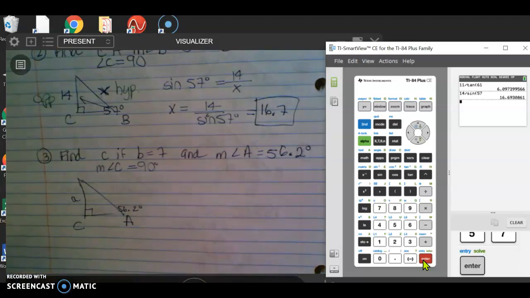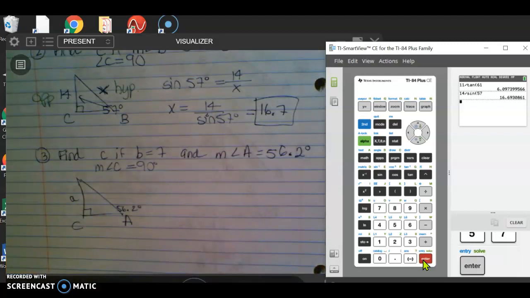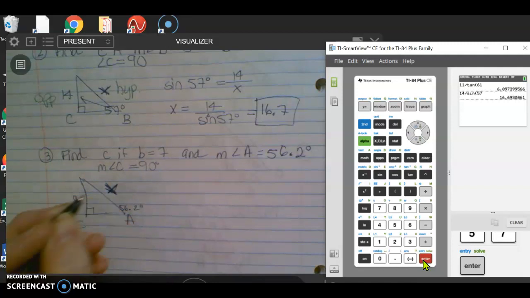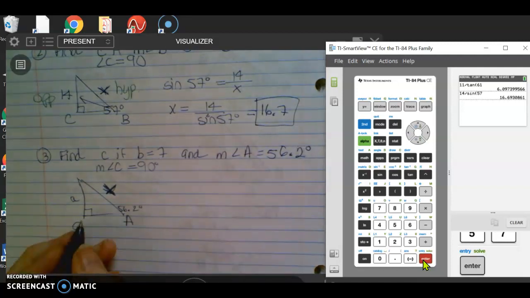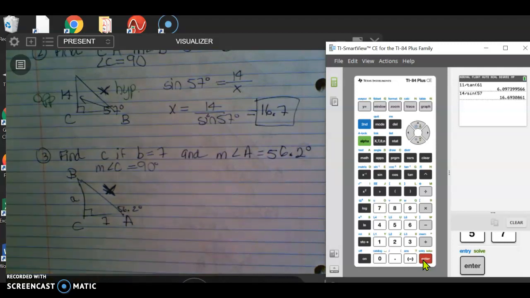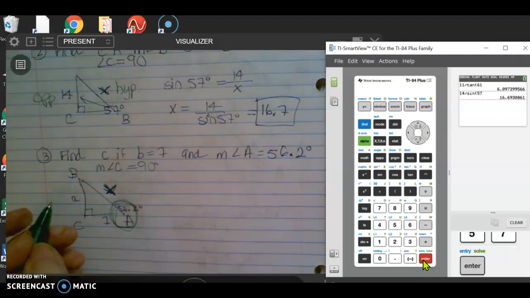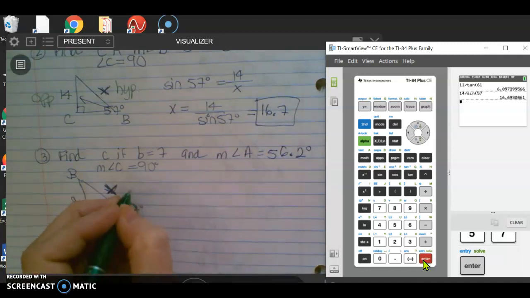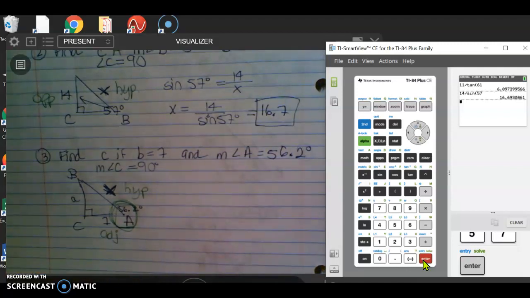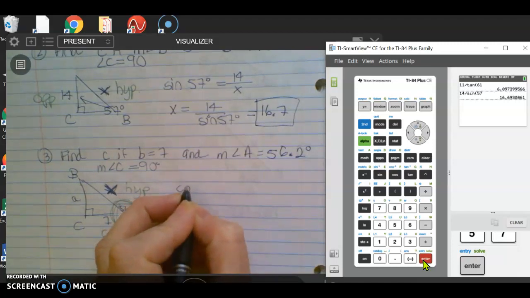So this is side A. It wants me to find C, which is this one, right? And so side B is opposite angle B, but I'm using angle A, so I have hypotenuse and adjacent. So that means that I'm going to use cosine.